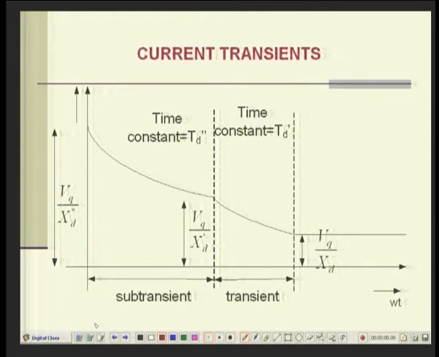So, we can write the current transient in terms, this is ID, will be VQ by XT double dash, is it not, and here the time constant will be TD double dash, okay, and then dies down to this subtransient, then you have a transient, that means where it will start from VQ by XT dash to VQ by XT dash, and this will be steady state.